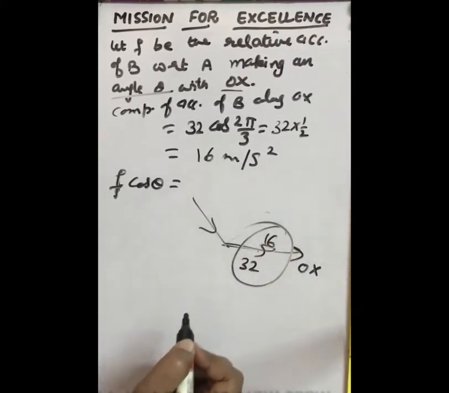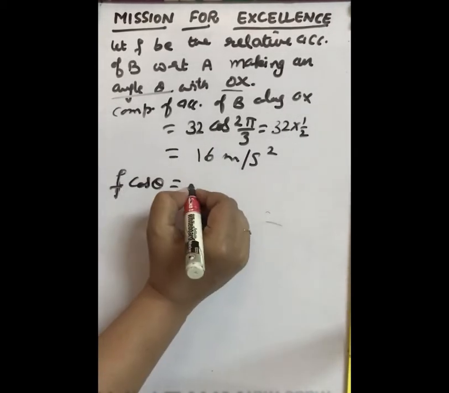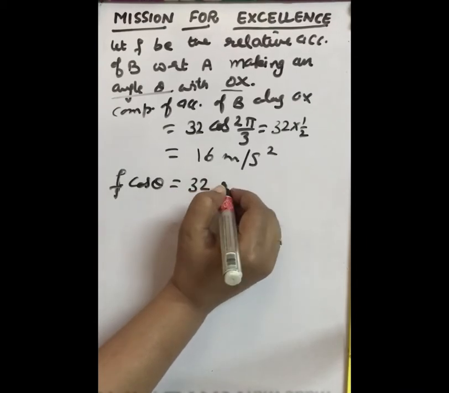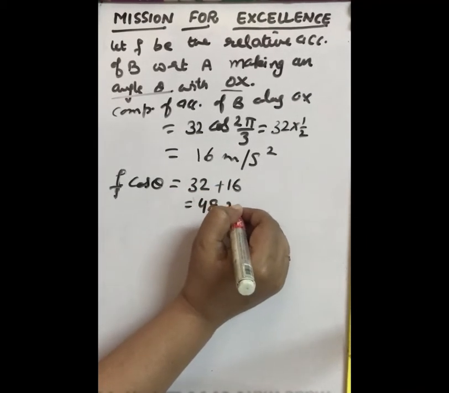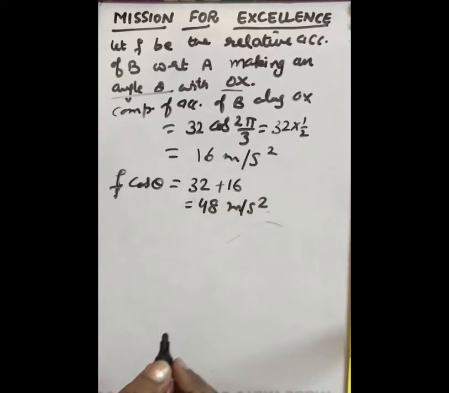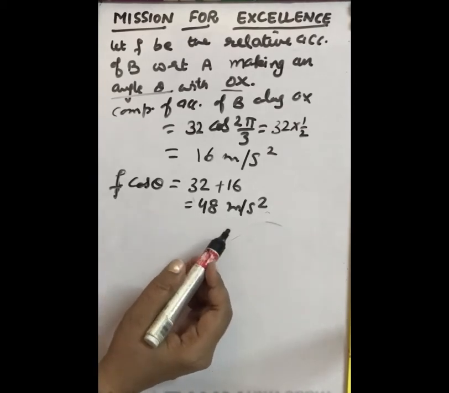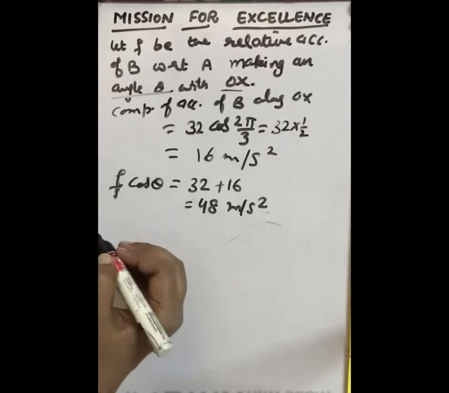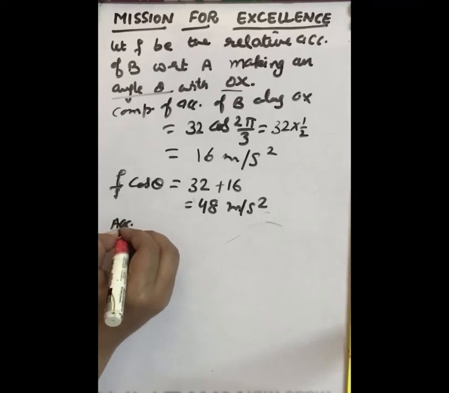So we add these two, so it will become 32 plus 16. So we write here F cos theta equal to 32 plus 16, that is 48 meter per second square. So this is the component of acceleration.